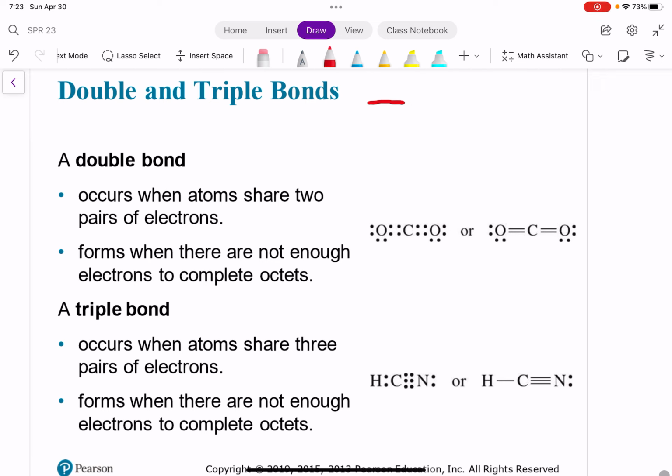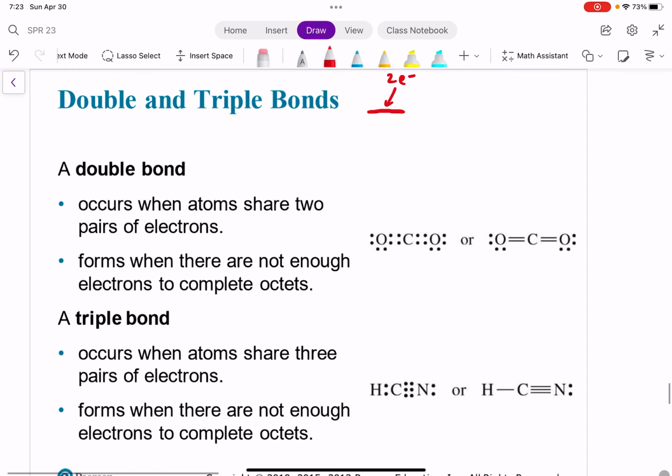Remember, here's 1 pair, that's 2 electrons in a single bond. A double bond is just what it sounds like. It's 2 of those single bonds, 2 pairs of electrons. Each line has 2, so there's 2 electrons here and 2 electrons here. So how many electrons total are in a double bond? Yeah, 4. 4 electrons total.